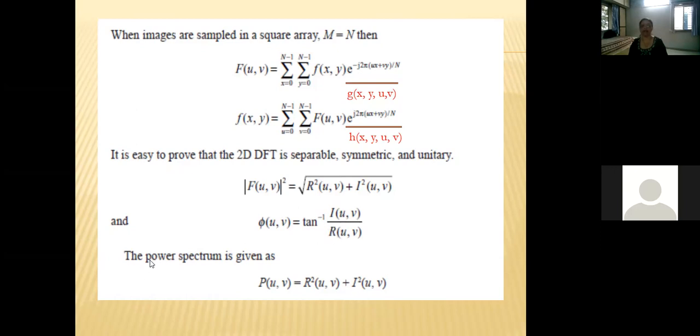And we can determine the power spectrum for the Fourier transform, which is nothing but the square of the magnitude. So the power spectrum P(u,v) is given by R squared(u,v) plus I squared(u,v).